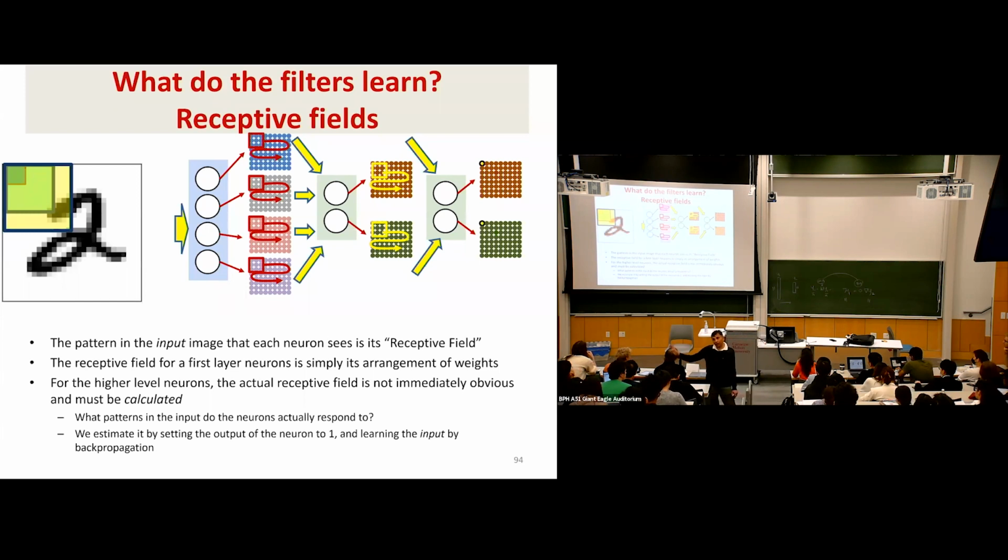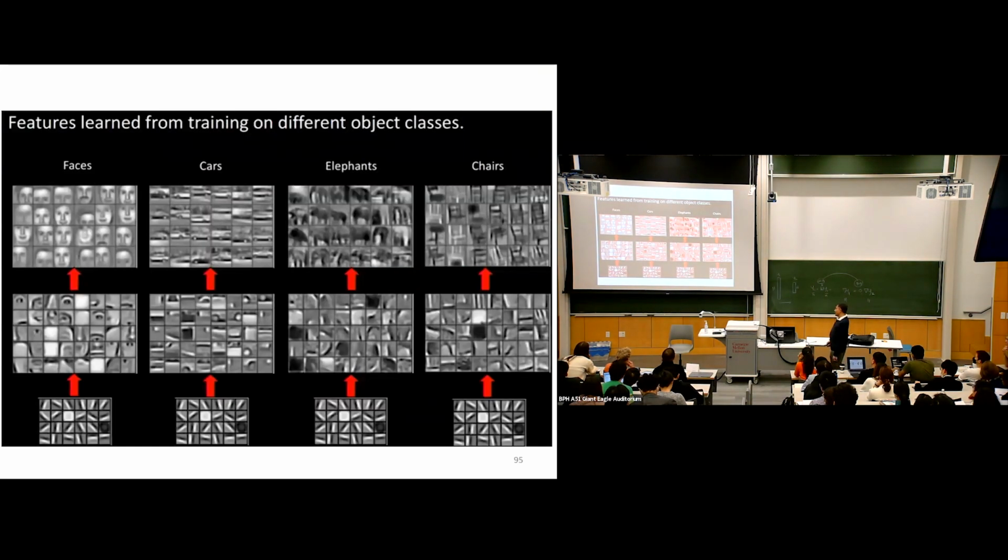And as you go further out, the patterns that these filters are searching for become increasingly complex, and it becomes increasingly difficult to predict what they're actually looking for. The receptive field is the size of the region it's looking at, but we can also think of the pattern. What is the specific pattern that it's looking for? So what do they look like?